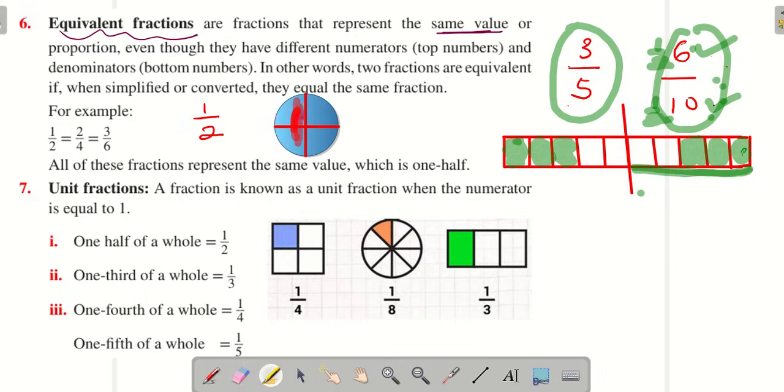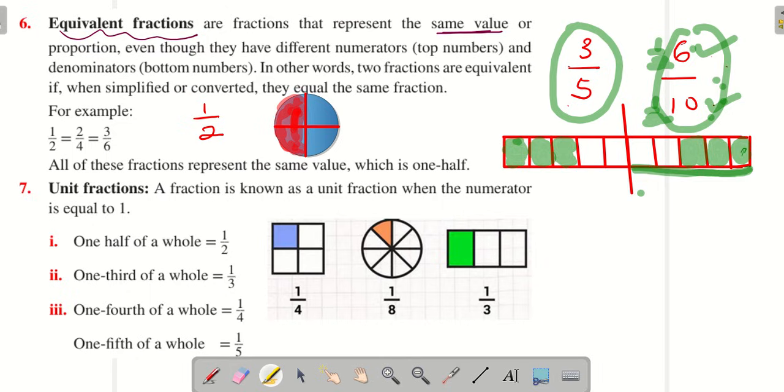This part, which was half of the 2, has now become 2 parts of the entire 4 divisions.